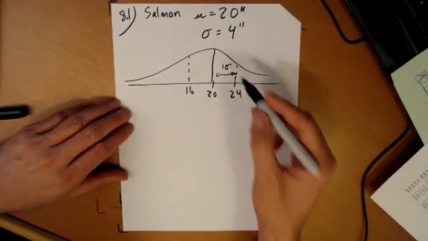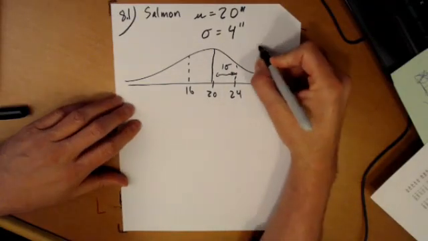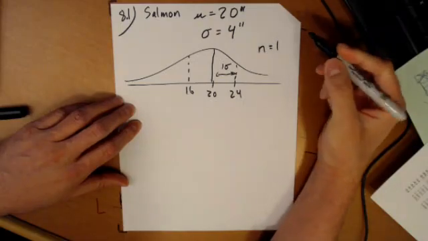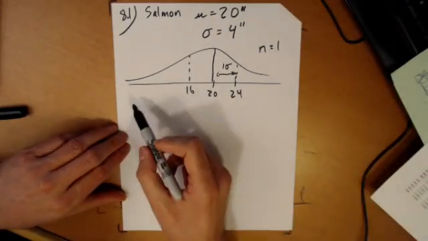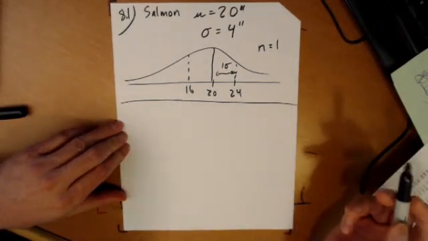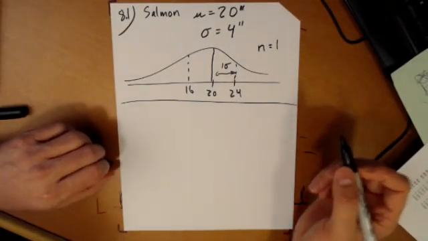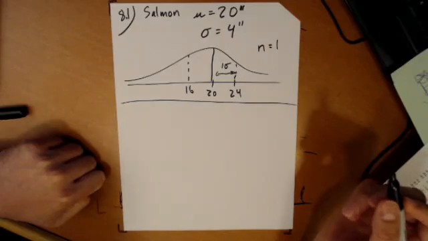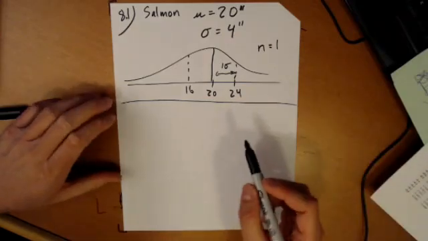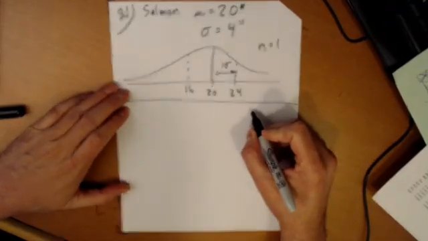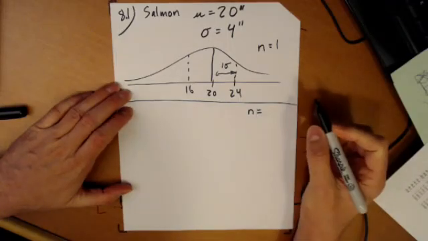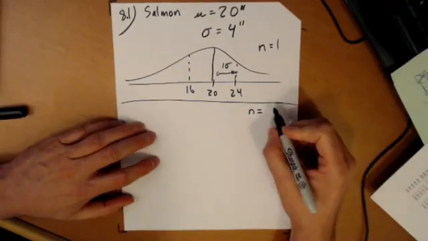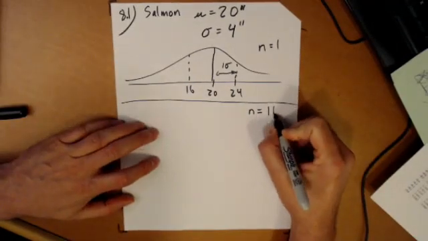So notice whenever we're thinking about this, we're looking at one salmon at a time. So 8.1 is all about the idea of what if you look at more than one at a time? What if your sample size is greater than one? So let's say we were to sample something like 16 salmon.